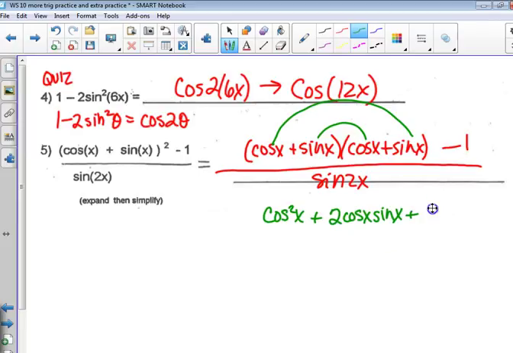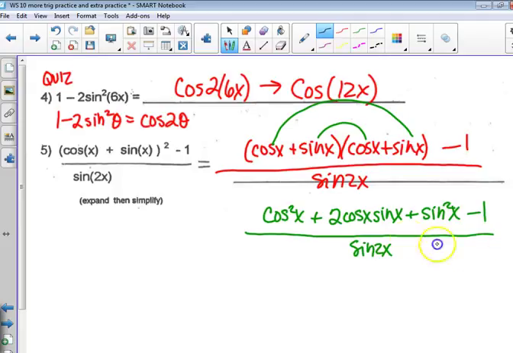And then there's a sine times a sine, which is a sine squared. And there was a negative 1 on the back outside of all that. Now what? The 1's cancel out. Where's another 1? Okay, cosine squared plus sine squared is a 1.